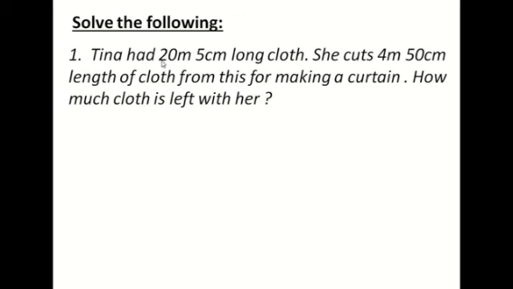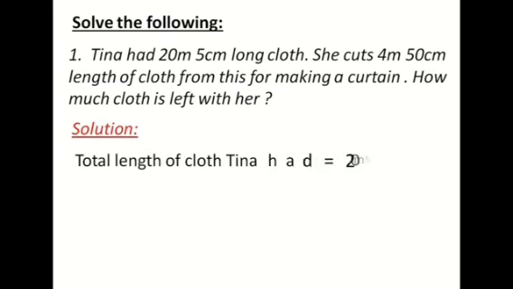Now the total length and the length for the curtain are given in meter and centimeter. So we will convert them into meter, then we will subtract. So let's start. Total length of cloth, how much? 20 meter 5 centimeter. Now I want to convert this centimeter into meter.